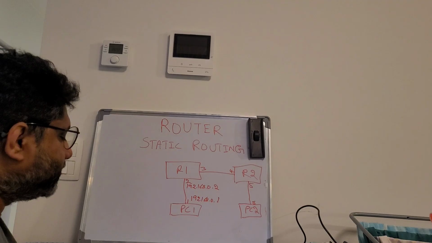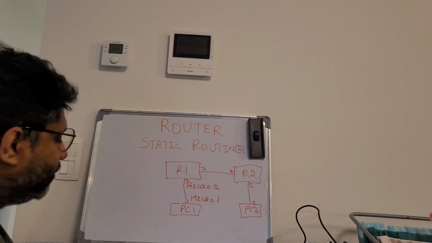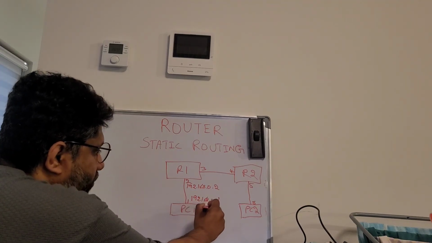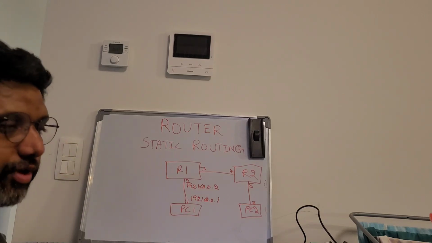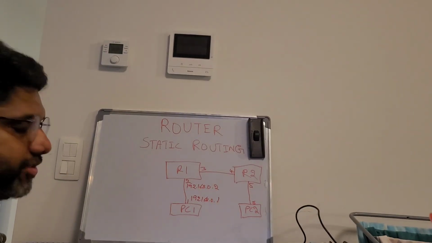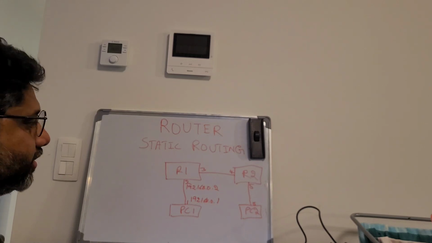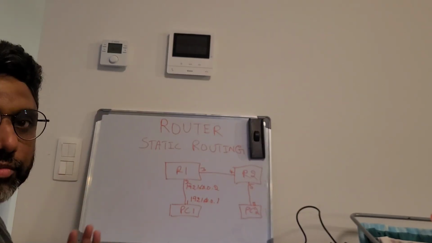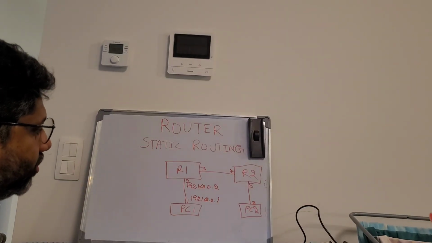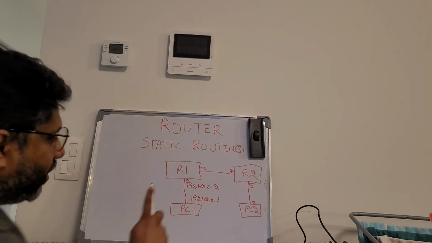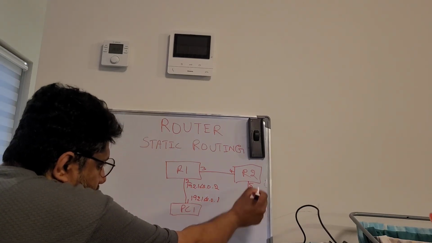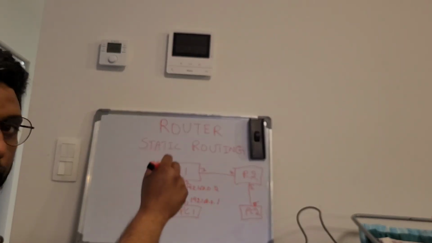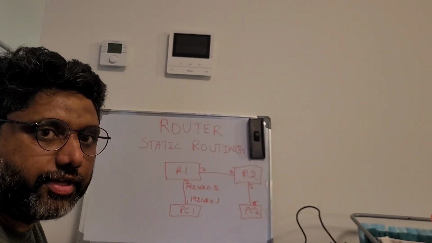When I say manually, you need to define the address with a subnet mask and the default gateway. Here in static routing, we will not discuss DNS. It's all about sending a packet from PC1 to PC2 through these interfaces.